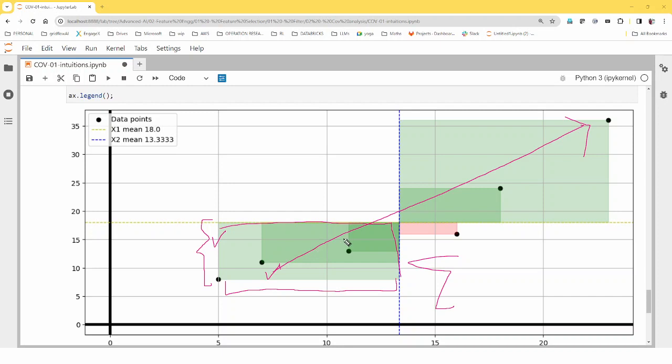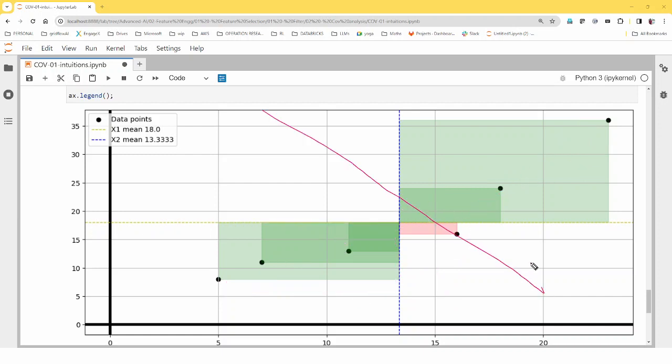Positive covariance will tend to be in one direction, and negative covariance will be in the opposite direction. Zero covariance will be a random one. This is the intuition behind the covariance, and this idea is used quite significantly in many advanced feature extraction techniques like principal component analysis, discriminant analysis, and so on.